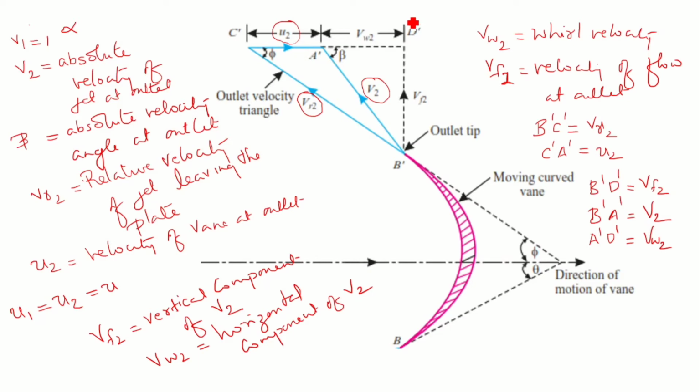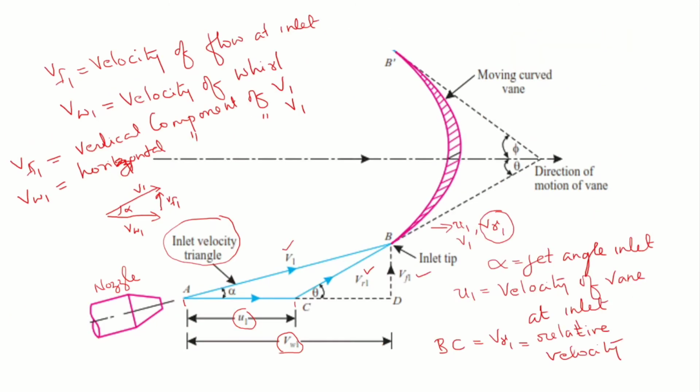In order to analyze the vane, we need to understand how the velocity triangle is to be drawn. This figure represents the outlet velocity triangle only, and in the previous figure, we discussed the inlet velocity triangle.